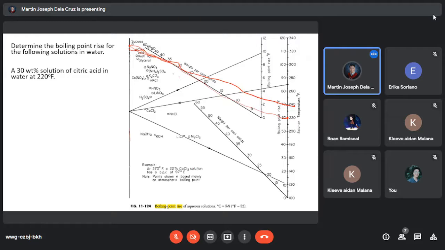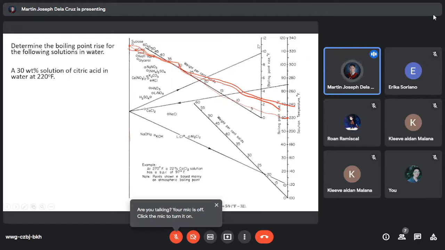So, if you have 30, ganun nyo lang din siya, class. And then, ganyan. So, ano pang nakuha nyo? So, 220 muna, intersect natin kay citric acid. And then, kung saan siya nag-intersect dito sa vertical line natin, yun yung gagamitin natin para i-intersect natin si 30% weight solids.